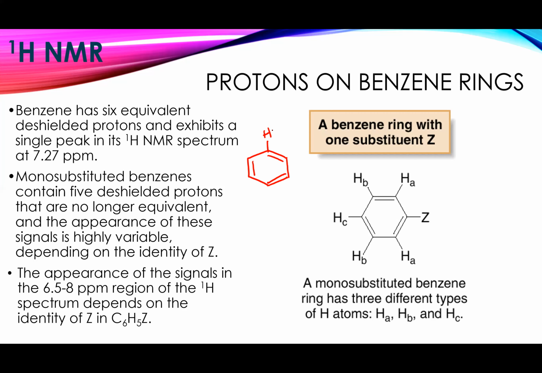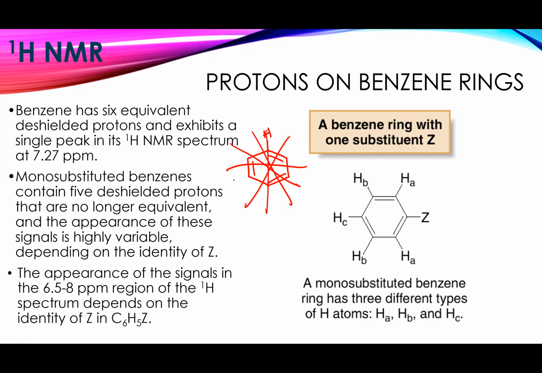When you have a mono-substituted benzene, meaning there's one substitution on the benzene ring, you're going to have 5 deshielded protons along the benzene ring, and they're deshielded because they're on benzene. They are no longer equivalent because you've now created something that brings in a little less symmetry. So benzene is symmetrical in so many ways.